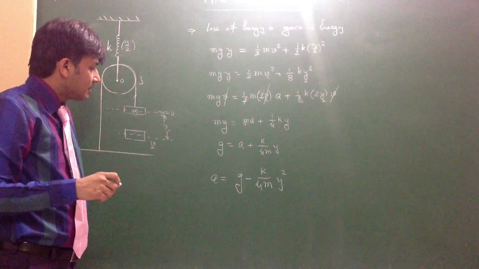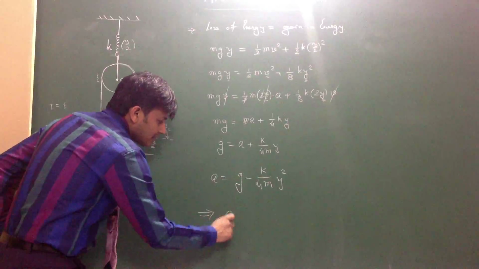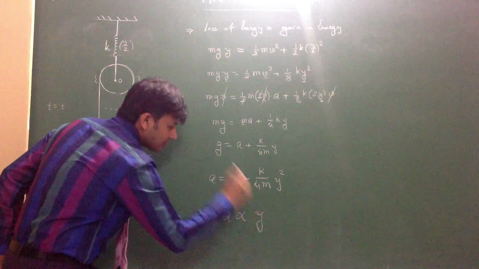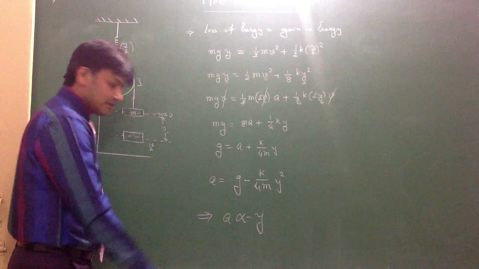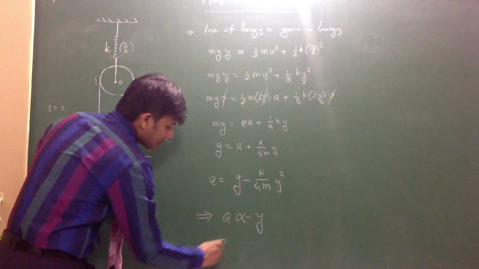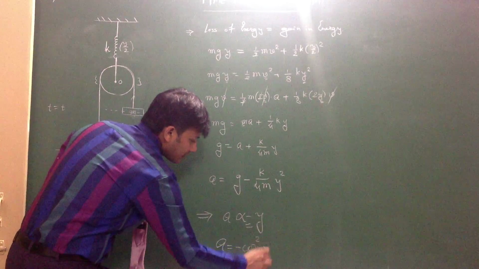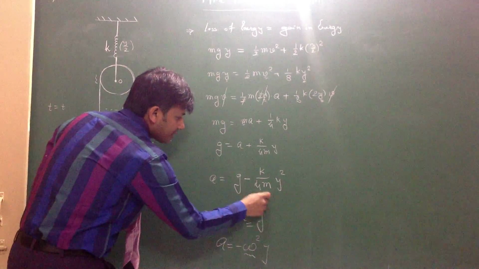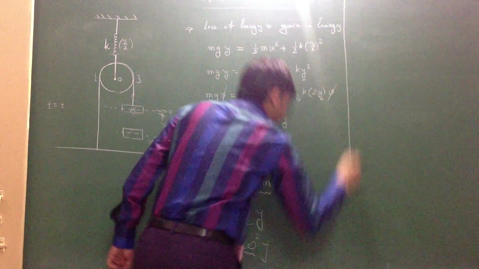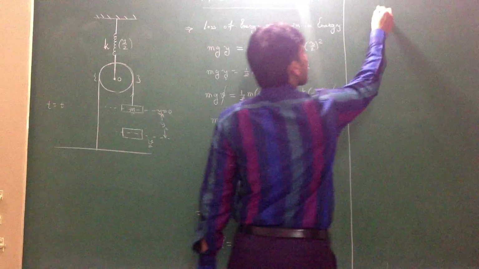As you know that in simple harmonic motion, the acceleration is directly proportional to the displacement, and it is in the opposite direction of the displacement, and we get the proportionality constant omega square. So comparing these two, we get omega square is equal to k by 4m.